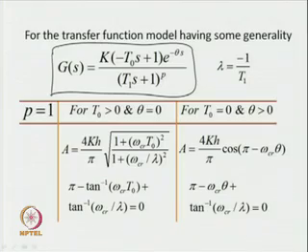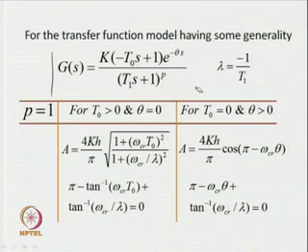Here the transfer function model involves a lot of parameters: the steady state gain k, time delay theta, where theta is the time delay of the transfer function model, T0 is the time constant of the transfer function model, and T1 is also one time constant of the transfer function model, and P is the pole multiplicity of the transfer function model.